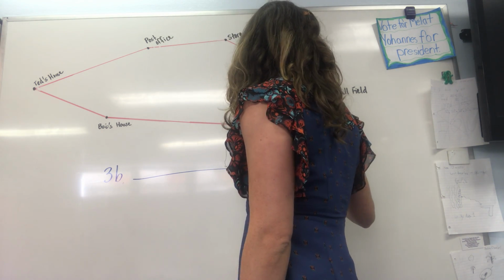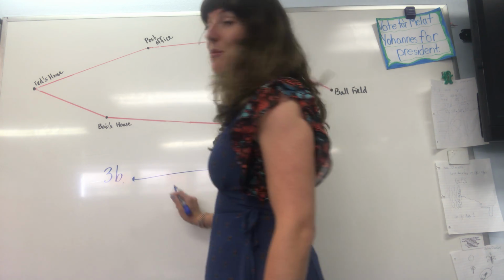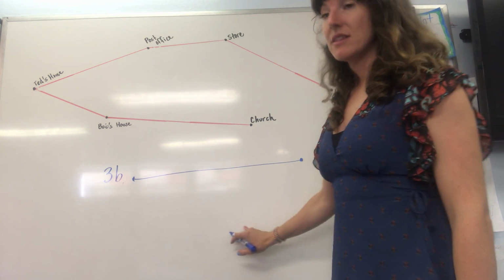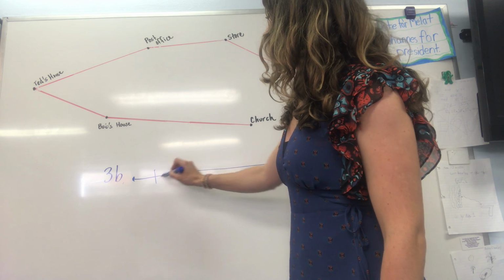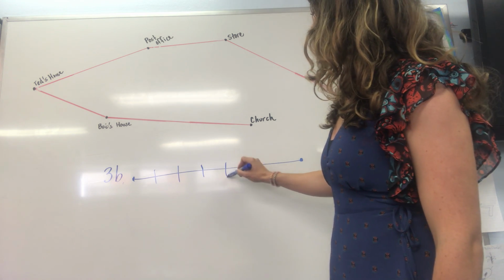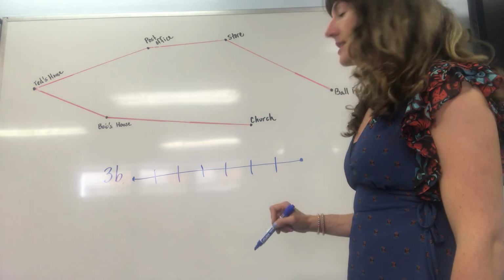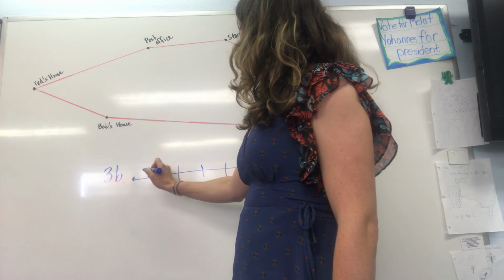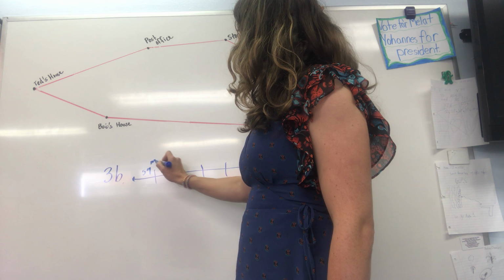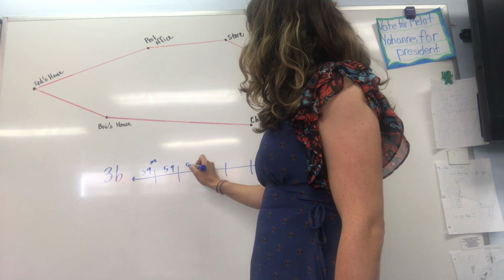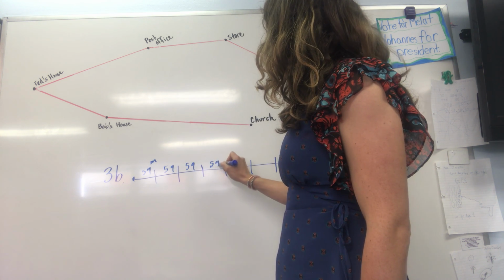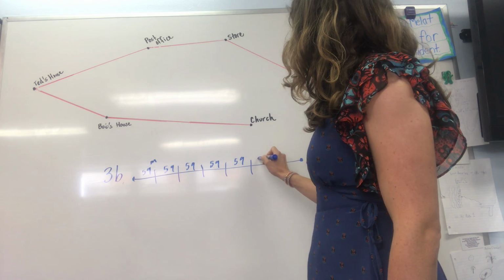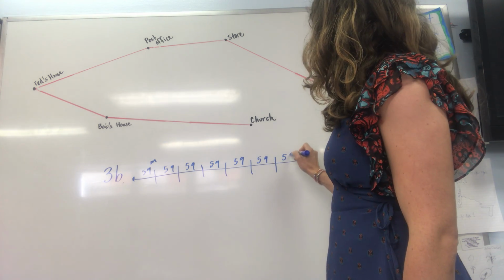I draw a line, and I break it up into 7 hours. 1, 2, 3, 4, 5, 6, 7. And each hour he went 59 miles.